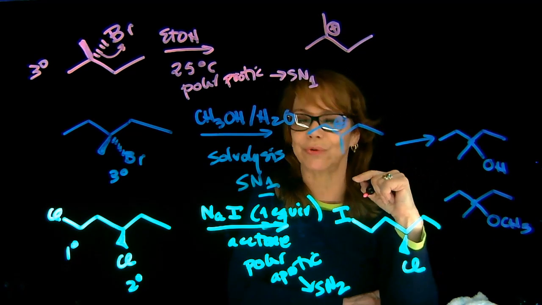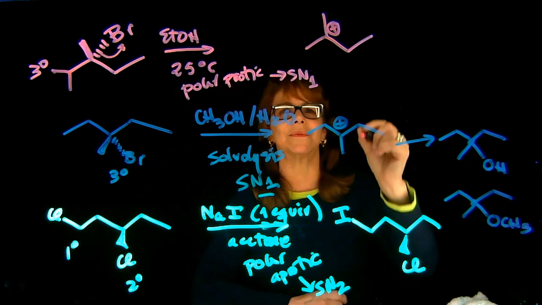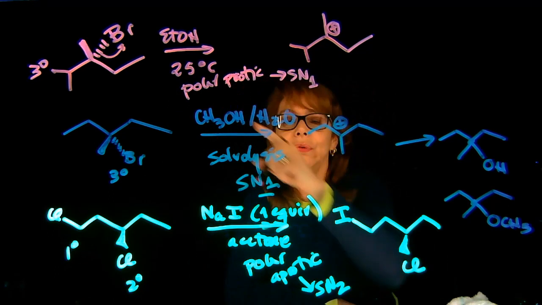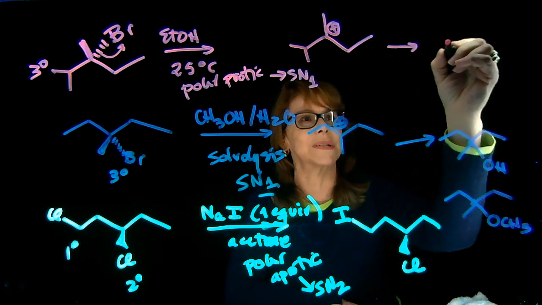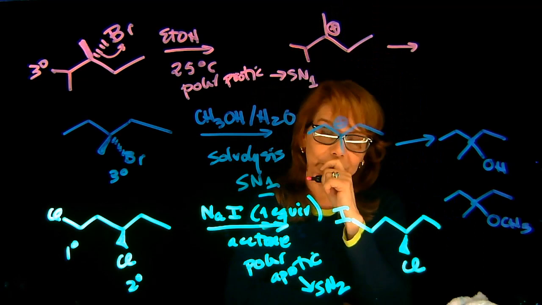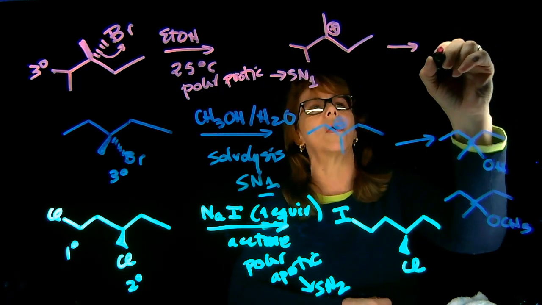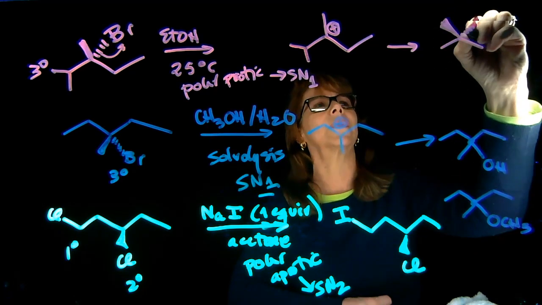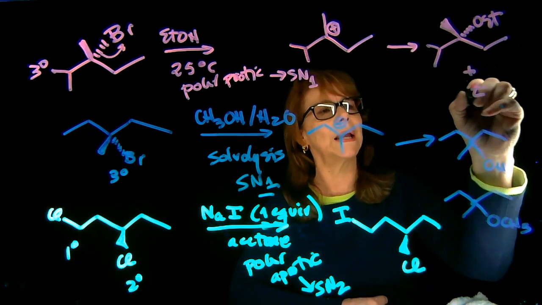So I am going to change this molecule a little bit to add something more interesting to the picture. Now, if you do the attack by ethanol here, you will have possible attack from either side of the plane. Notice that I now have a methyl, ethyl, and isopropyl, so I make a chiral center. So your product is racemic. Attack from either side gives methyl and OEt and an isopropyl, plus the enantiomer.